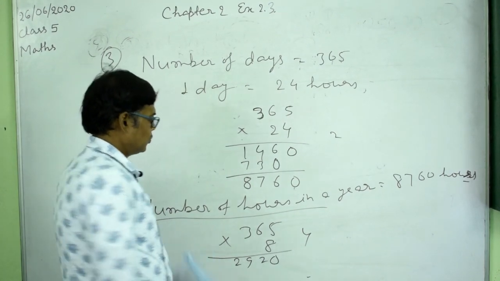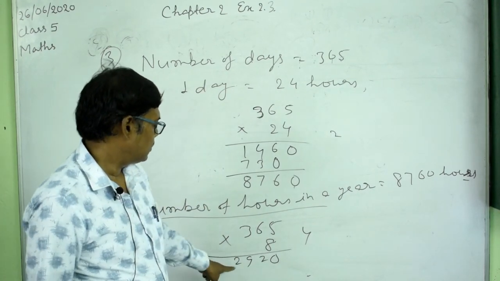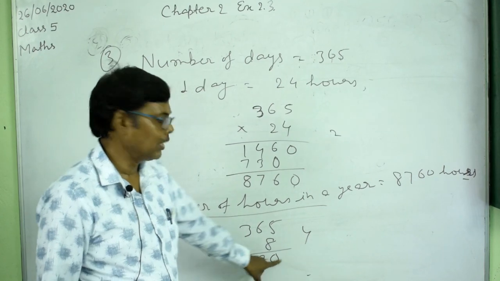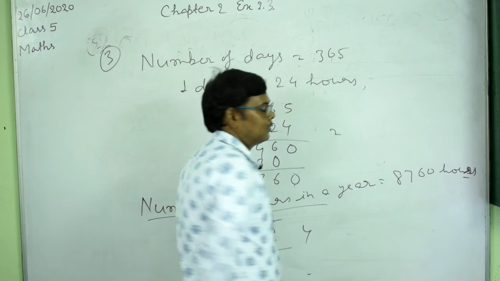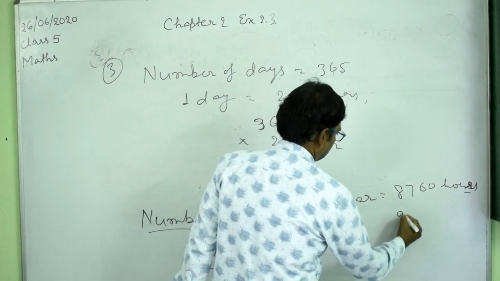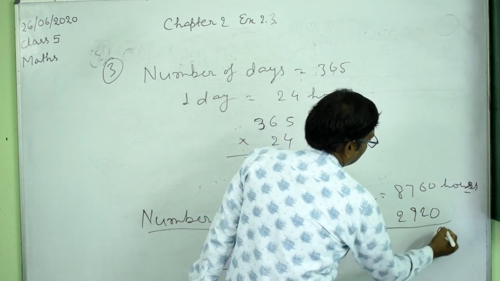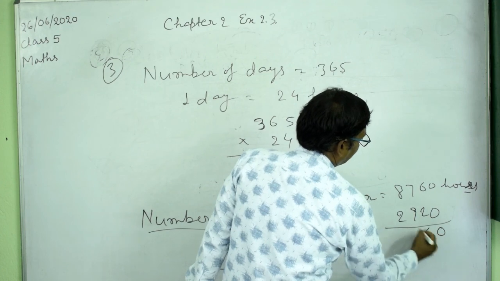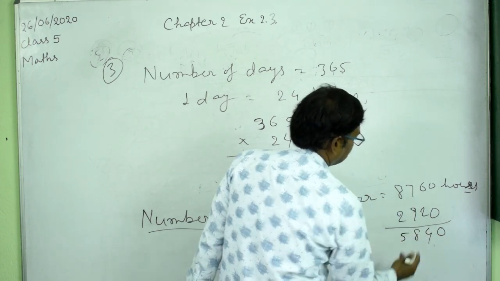You see here that in 1 year you sleep 2920 hours, and you have a total of this many hours in your hand. So how many hours are left with you? See here it is 2920. So you have 0 here, then 4, and then 8, and then 5.